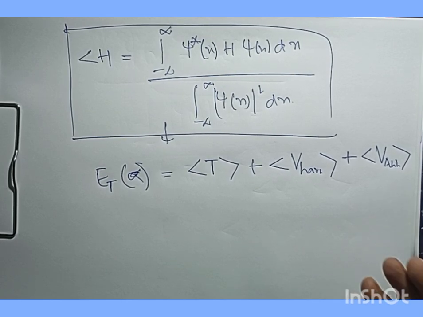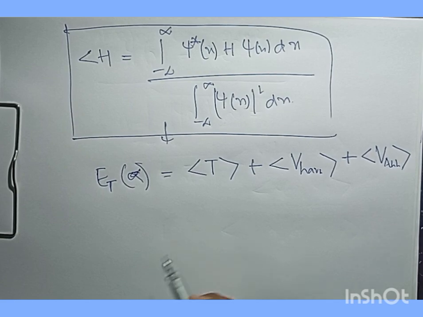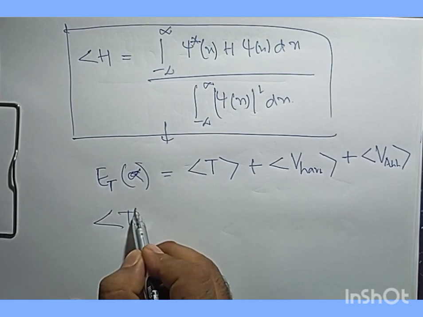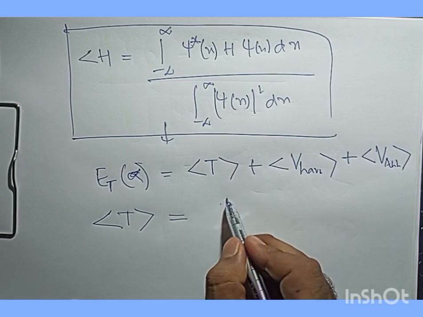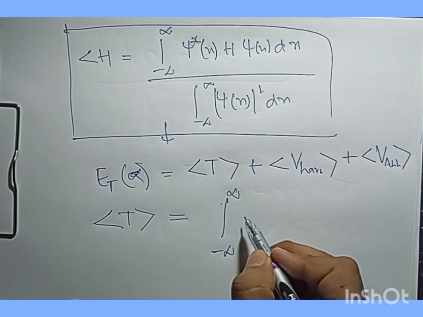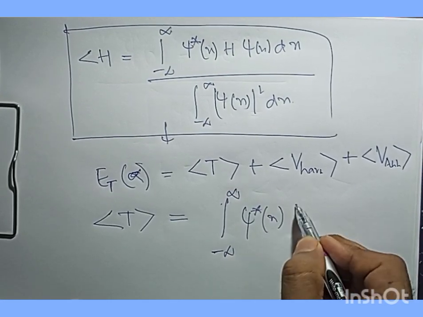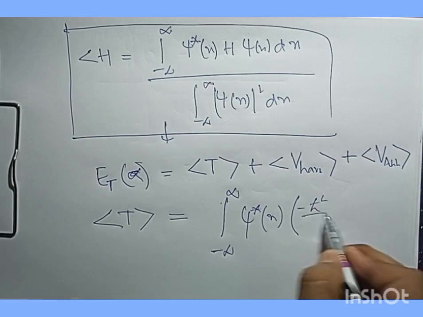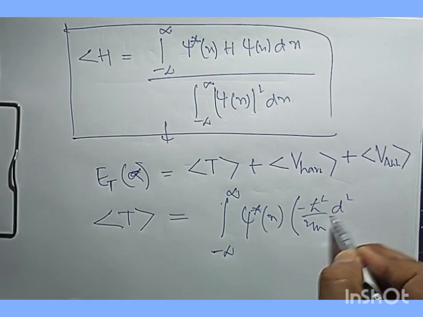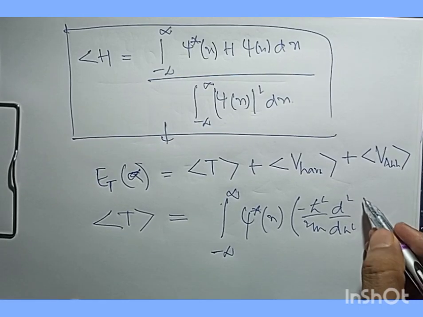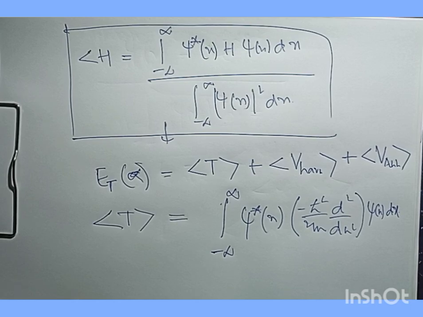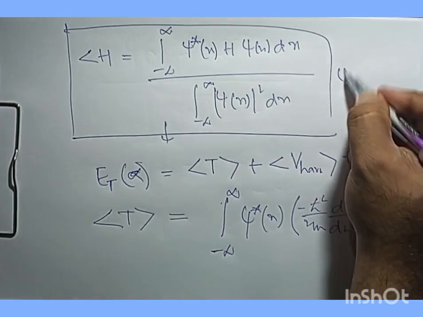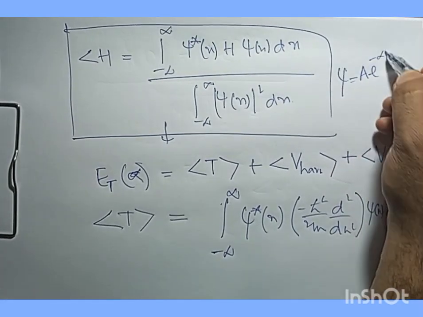Now what we do, as we did in the previous case, is calculate the expectation value of kinetic energy, exactly in the same way: integral from minus infinity to infinity, psi star of x, then minus h cross square by 2m d2 by dx2, then psi of x, dx. And we have the trial wave function, psi is A e to the power of minus alpha x squared.